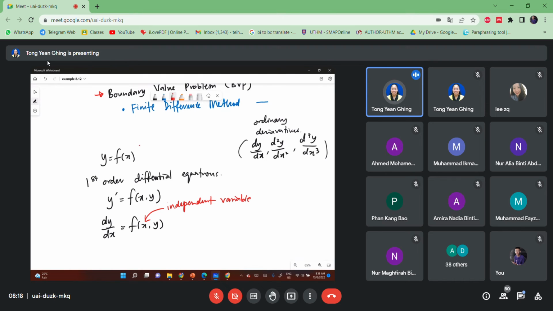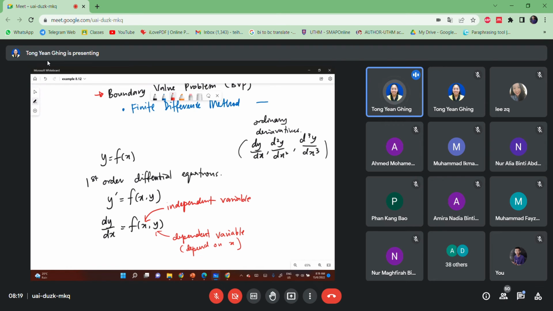And y is the dependent variable, where it means that it will depend on x. If x changes, y also will change.